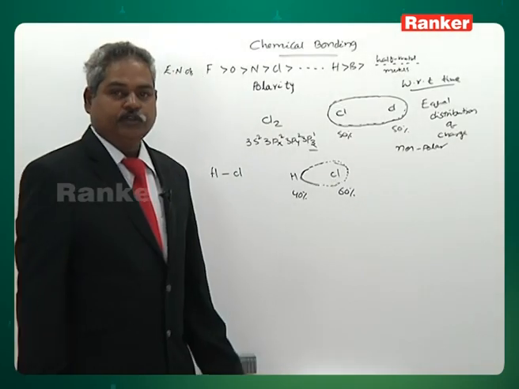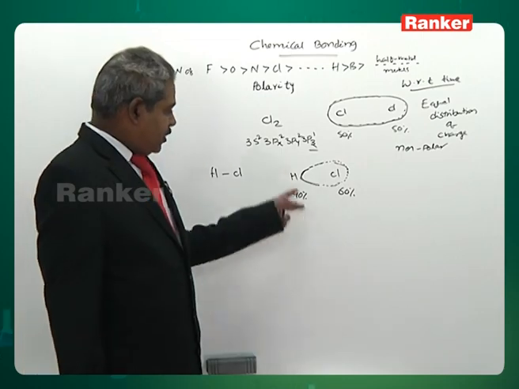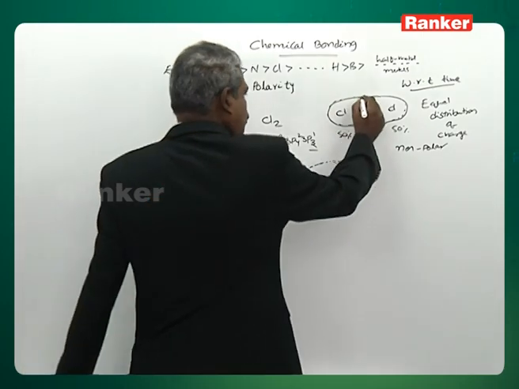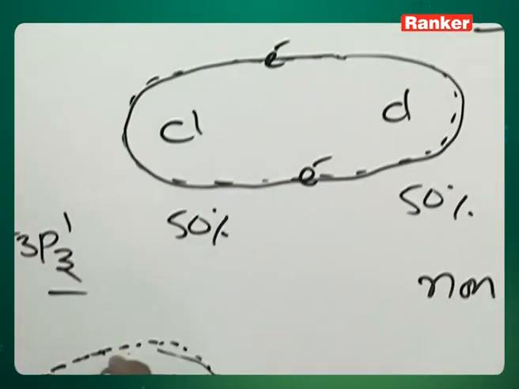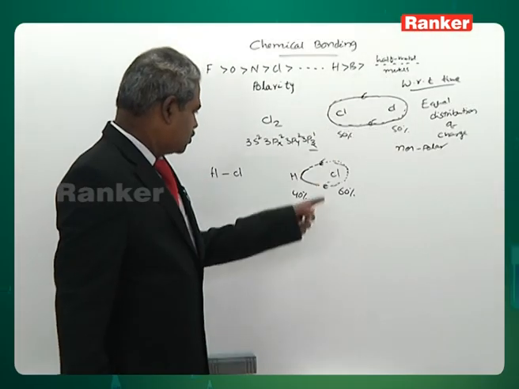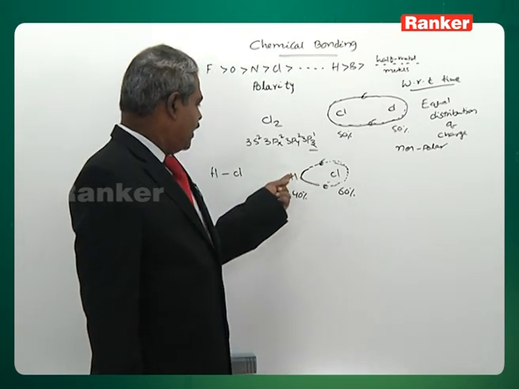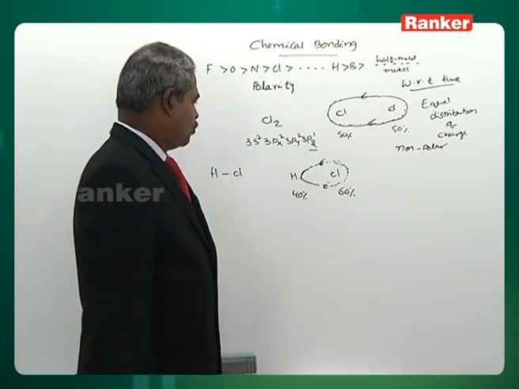For example, this is not exact values, I am just giving a comparison. So, the two outermost electrons are spending more time around the chlorine nucleus because it has 17 protons to hold the electrons, and hydrogen of course has only one proton.